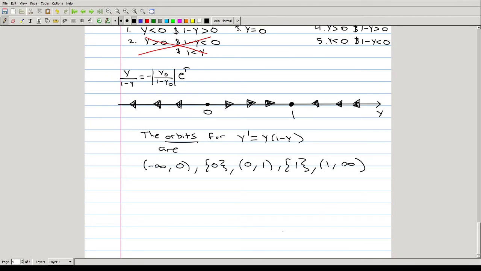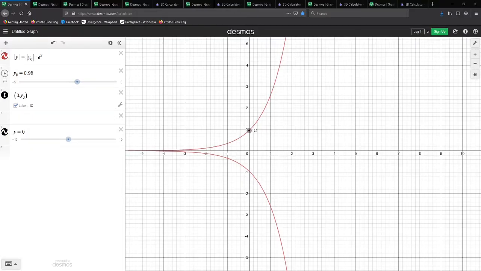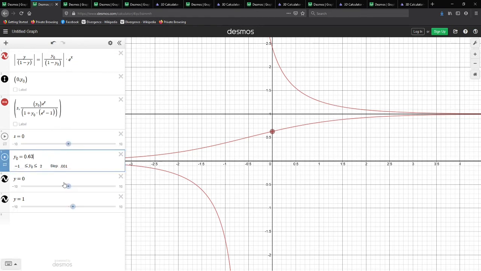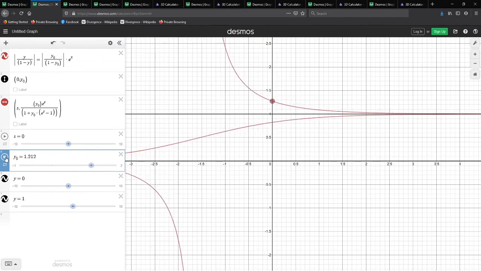So just like we did for the Malthus equation, take a look at a plot of this. The solutions really are behaving exactly as we would expect for a given initial condition, y naught. And if we change our value for y naught, you see that you get exactly what you would expect.